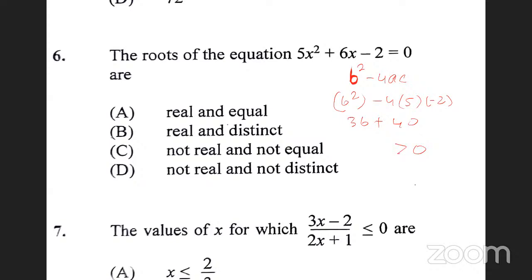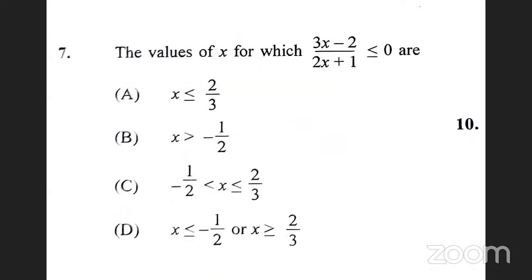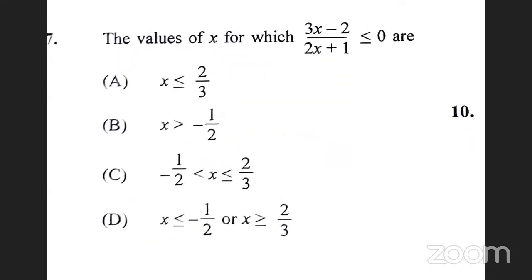More than 0 means real and distinct. Right? Real and distinct. Okay, next one.